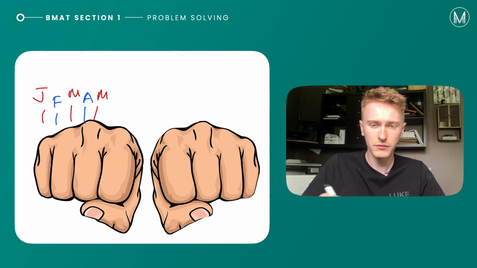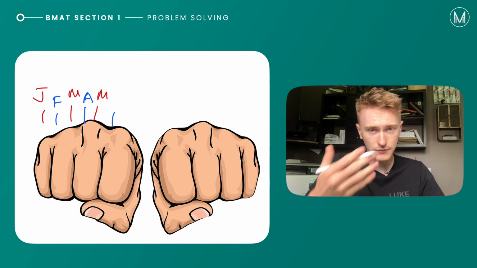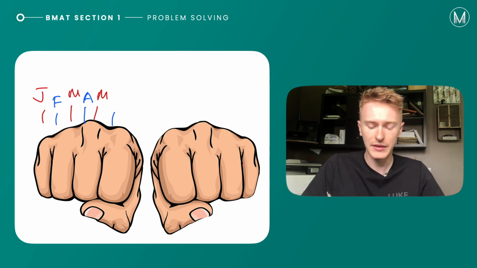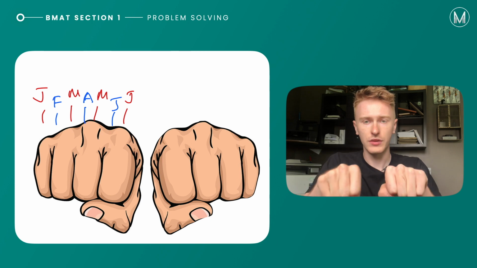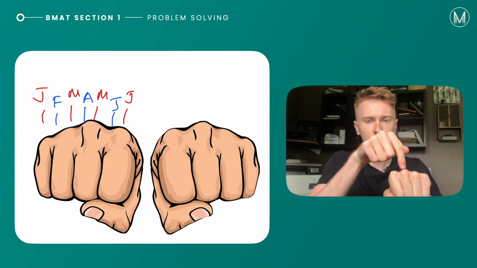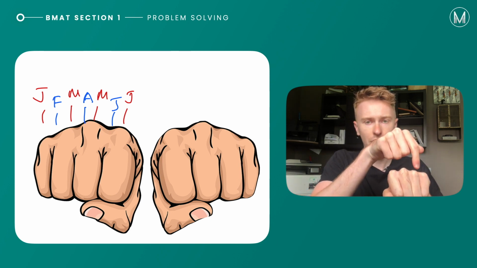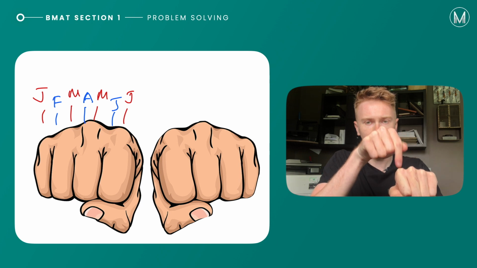May on the knuckle, 31 days. June, again in between the knuckles, that means that it has 30 days. And July, which falls on the knuckle, that means that it has 31 days. So to recap, you count in between the knuckles and you have January, February, March, April, May, June, July.